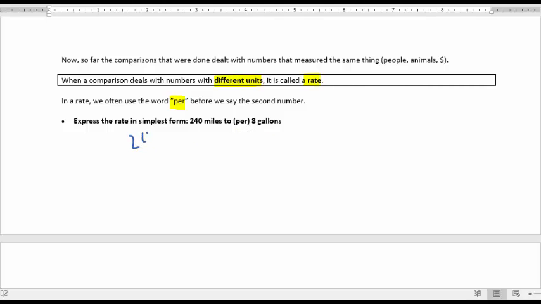So what's 240 miles per 8 gallons? I could write this out as 240 miles in a fraction form per 8 gallons.